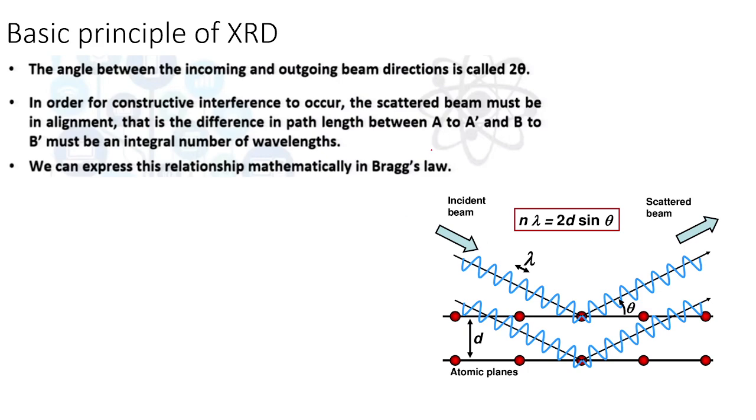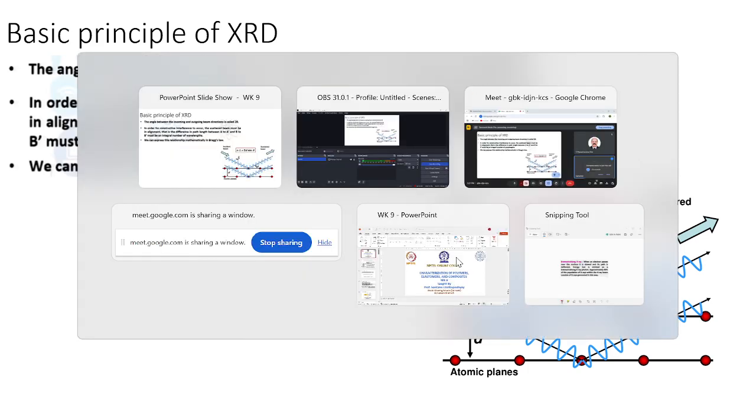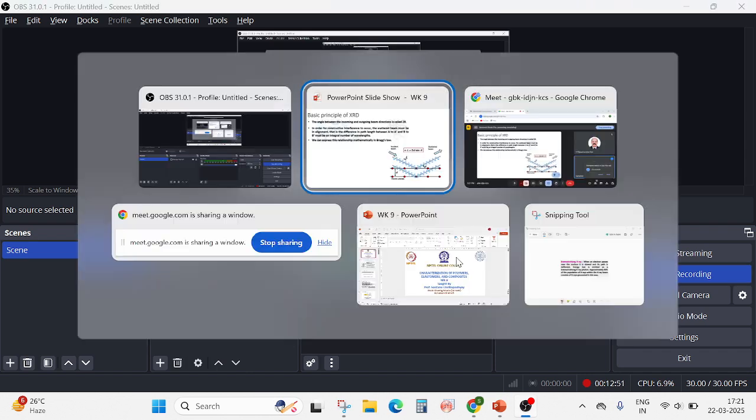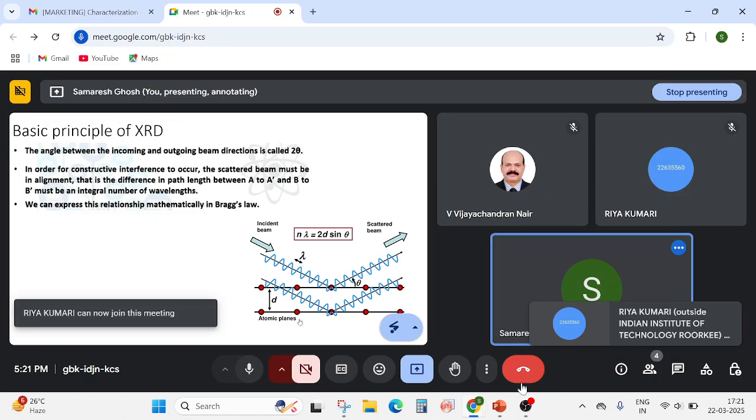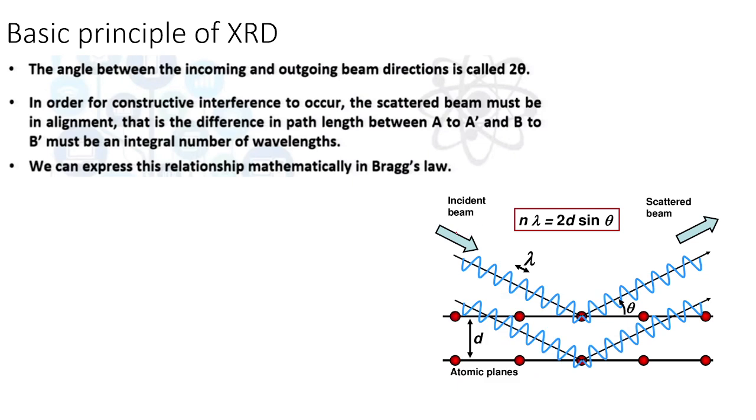So this is the incident beam, and these are the different atomic planes of a unit cell. After incidence, scattering happens. This angle is theta, and obviously this angle is also theta.